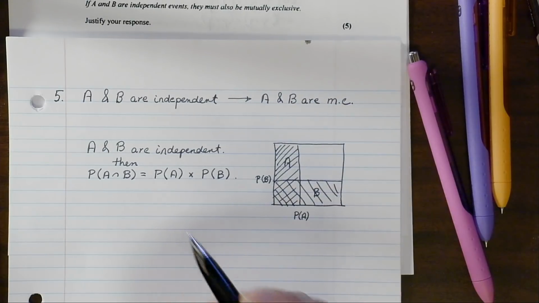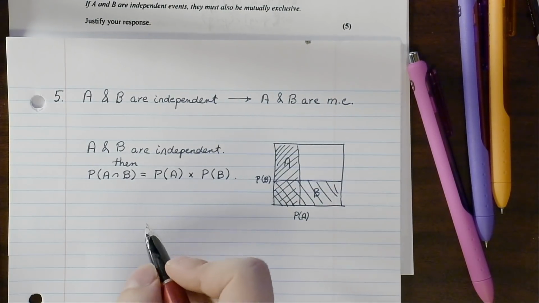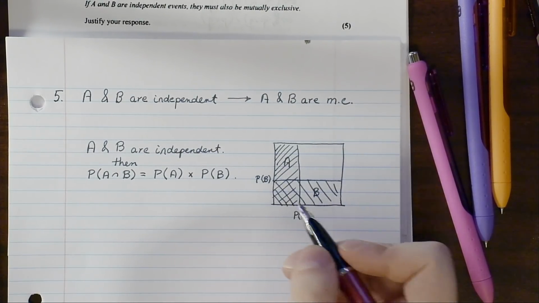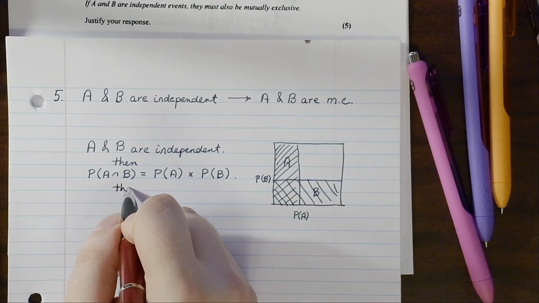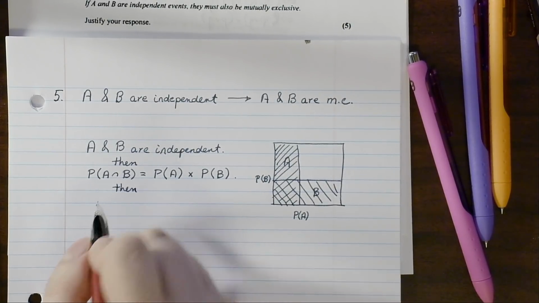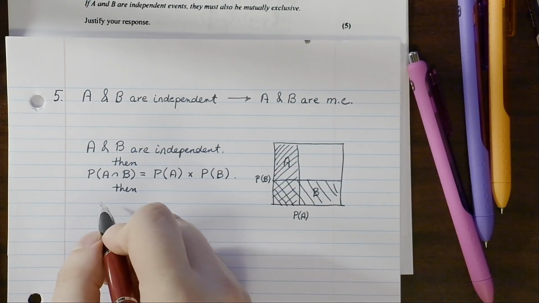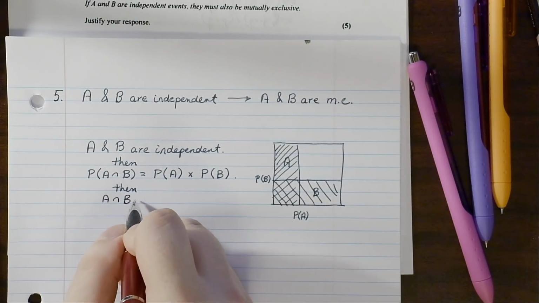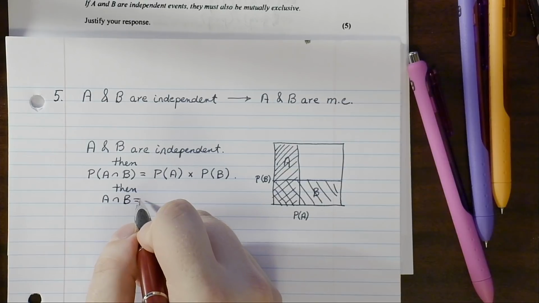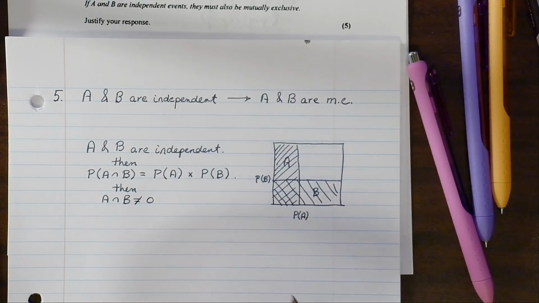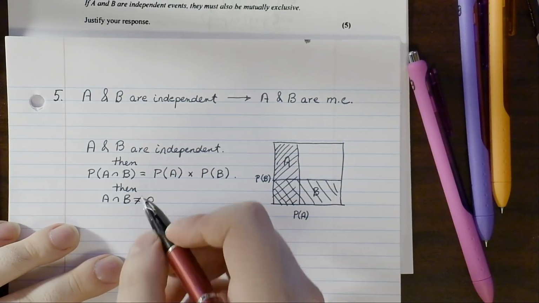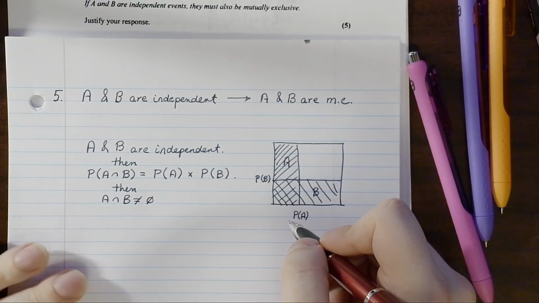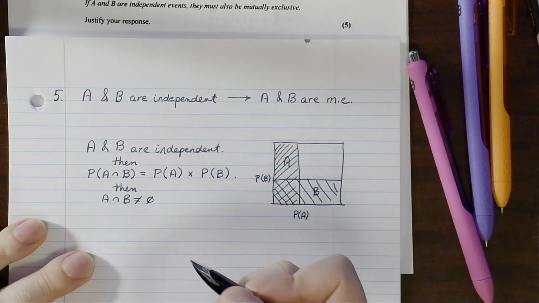So, which means then that this probability is not 0. So it's not empty because we've got an area in here.